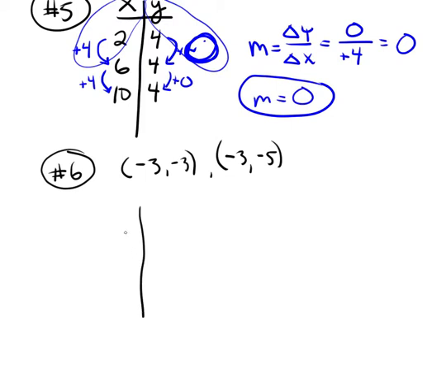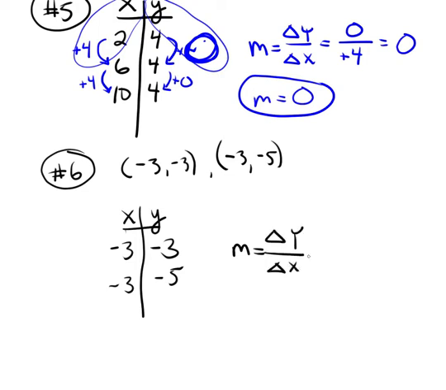Because for me, when I have coordinate pairs, it's easier to organize it as a table to kind of help my thinking. So -3, -3, and -3, -5. And I'm going to have to find my slope. So I'm going to set up my slope right now. M equals the change in y over the change in x, making sure we write that down each time, which will help us get the right answer.